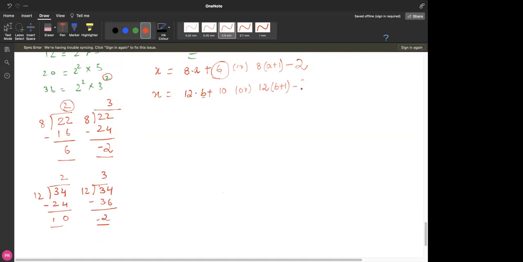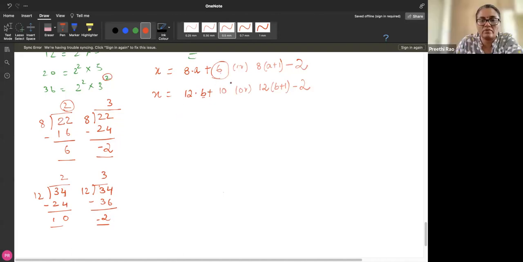And there is one more simple way to do this. We can write 12b plus 10 as 12b plus 12 minus 2. Then take 12 common: 12 into b plus 1, and then minus 2. Similarly, we can write 6 as 8 minus 2, and 10 as 12 minus 2.